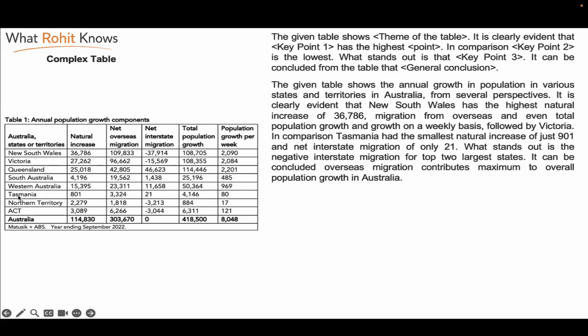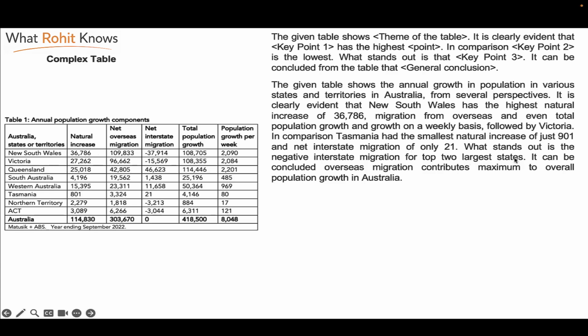Then you try to pick the smallest. So in comparison, Tasmania had the smallest natural increase of just 801. So it's a mistake here. It should not be 901. It should be 801. But anyway, this is just an example. A net interstate migration of only 21. What stands out is the negative interstate migration in the top two largest states. So if you are able to pick something like that, which clearly stands out, we're talking about increases, and then in the largest states which have big increases, there is something negative, meaning there's a decrease.